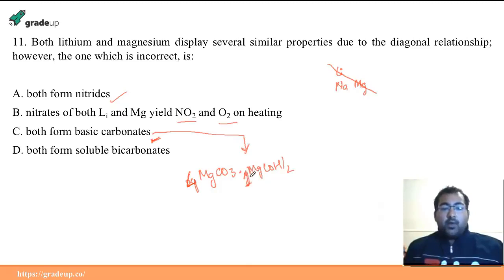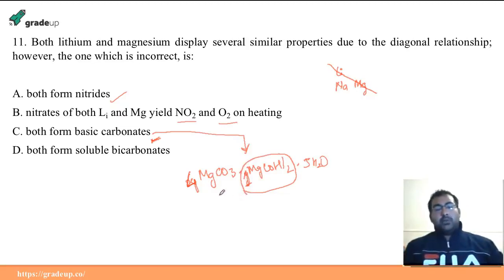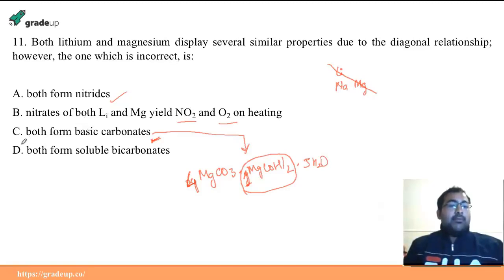So 4MgCO3 dot Mg(OH)2 dot 5H2O. This is a basic kind of carbonate which is formed on putting it into the water. So magnesium actually forms a basic carbonate, but lithium does not. So this option is incorrect, hence it is the answer, because the question asks us for the incorrect option.